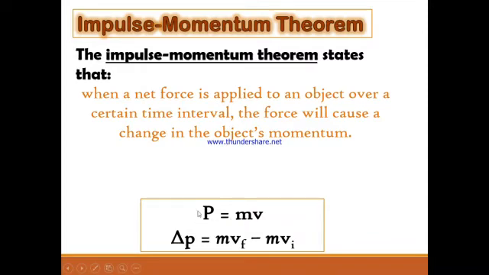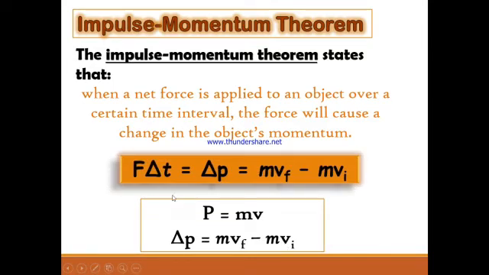So the change in momentum equals mass, which is constant, times final velocity minus mass times initial velocity. So as a result, this is the impulse.